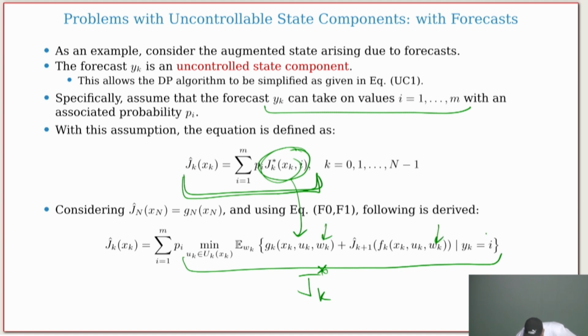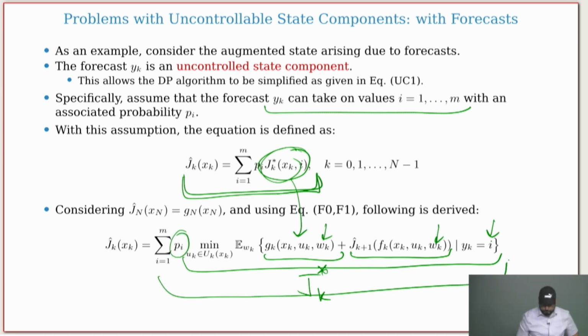Given that yk is i, we can also do cost estimates in this way. So there you have the current cost, and then this is for k plus 1 onwards, and then overall with respect to the forecast, what is your expected cost estimate for those observations, and inside, obviously, as we did before, we take the average over w.